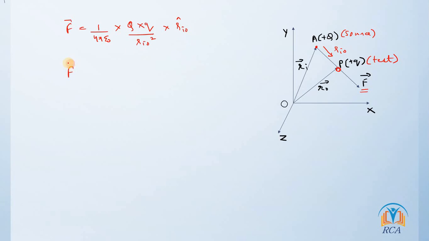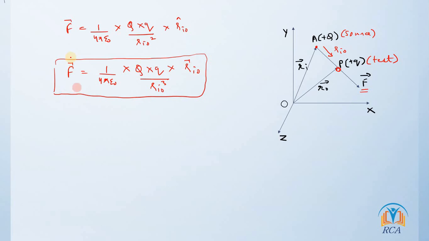If we consider an extended notation, we can also write this as 1 upon 4 pi epsilon naught Q multiplied with Q into R vector i0 divided by Ri0 cube, because we have converted the unit vector into the vector. This will give you the amount of force acting in the vector form. We have done a quite similar variation in the Coulomb's law derivation as well, right?